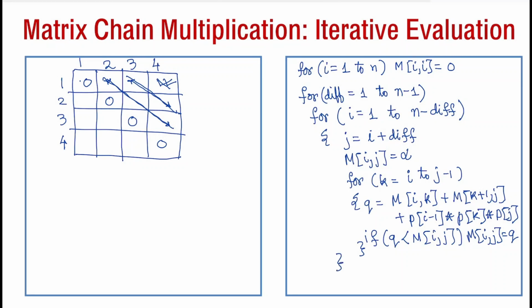This ends this for statement, and therefore this whole algorithm, which was my iterative eval, which started here, will now end here.